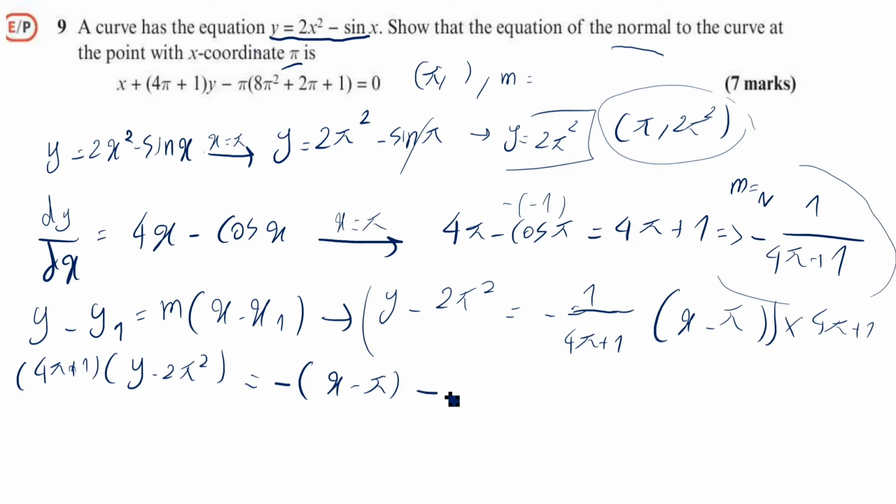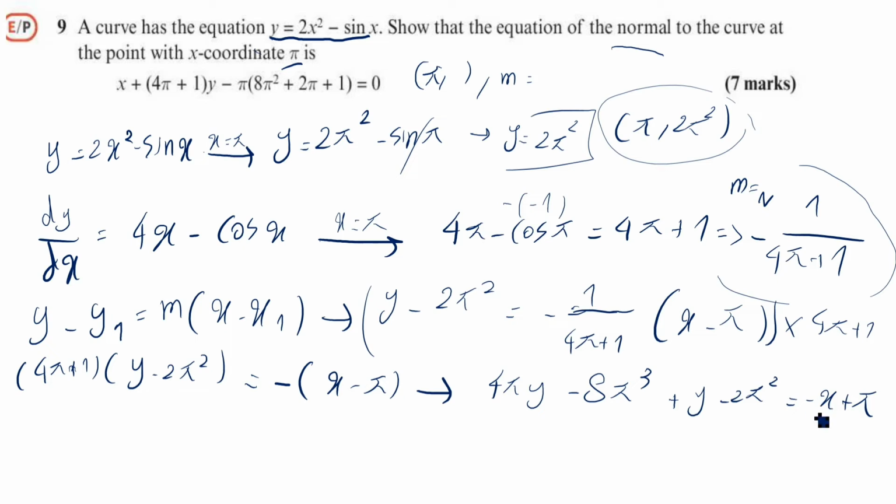And now we expand this, it's going to be 4 pi y minus 8 pi cubed plus y minus 2 pi squared equals minus x plus pi.